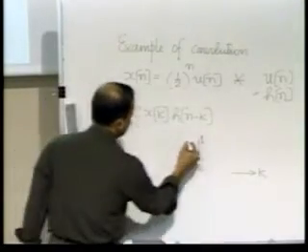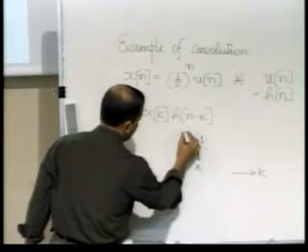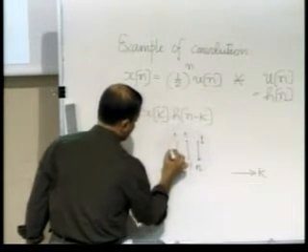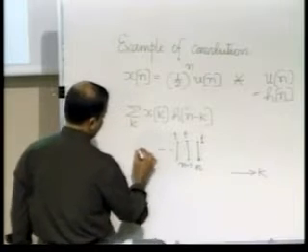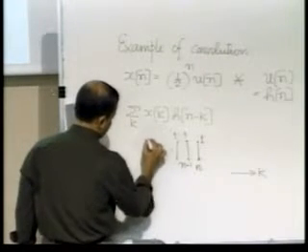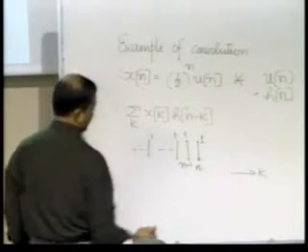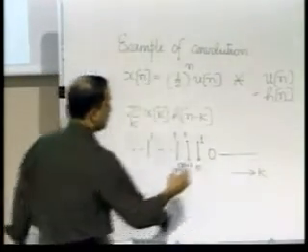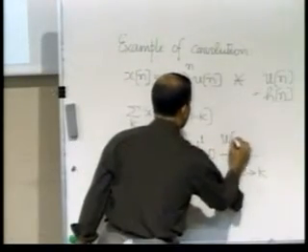So you will have a string of ones like this, and zeros here. This is u of n minus k, which is equal to h of n minus k.